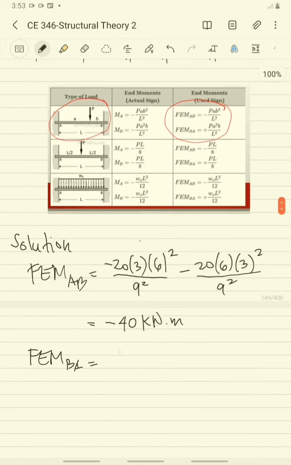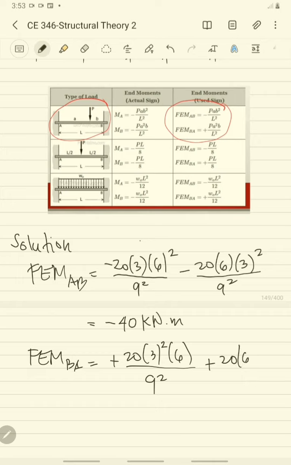So we have positive 20 times 3 squared times 6 divided by 9 squared, plus 20 times 6 squared times 3 divided by 9 squared. So the result is equal to positive 40 kilonewton meter.